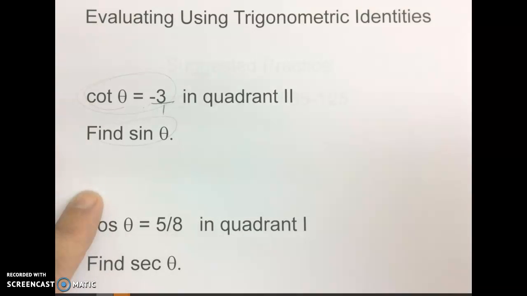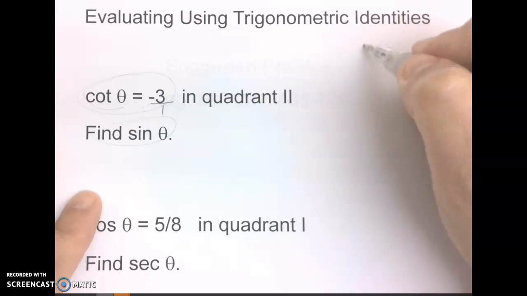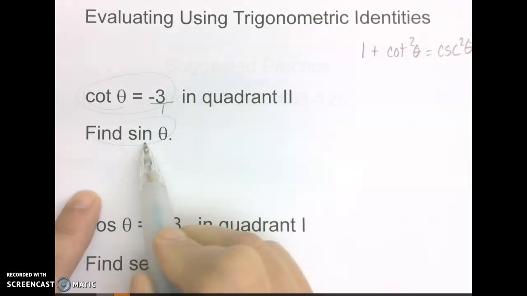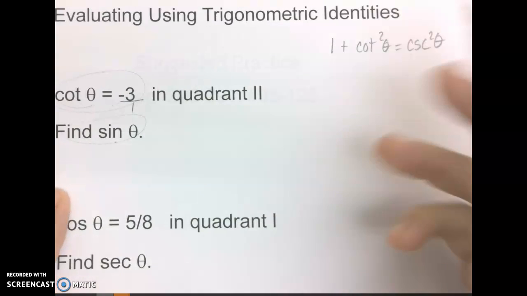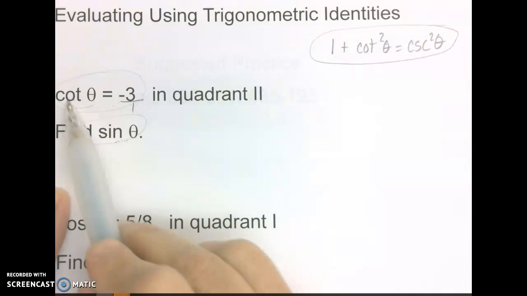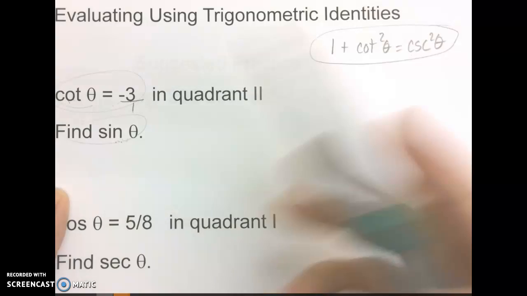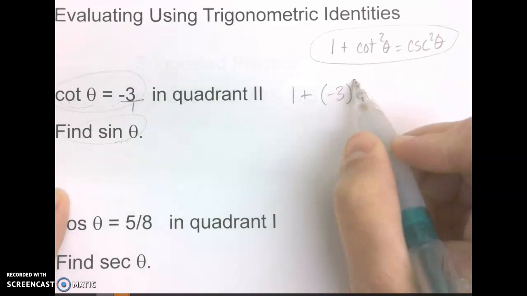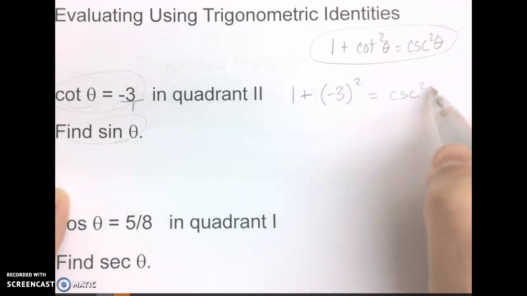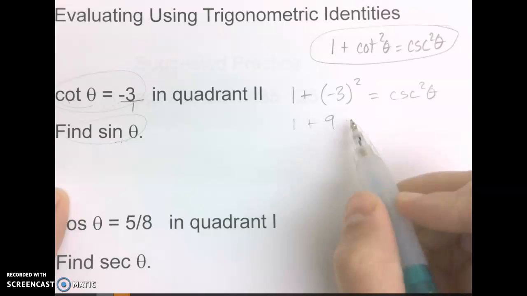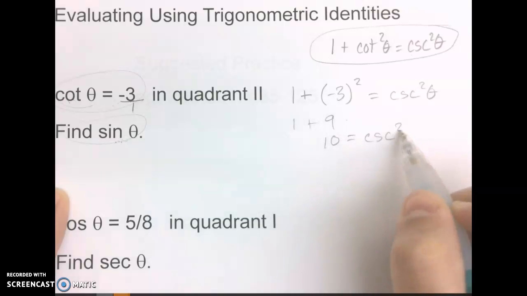Also, I know a trig identity that states that 1 plus cotangent squared theta is equal to cosecant squared theta, and cosecant is the reciprocal of sine. So without graphing anything, I have found an identity that could link these two values together. So I'm going to take 1 plus parentheses negative 3 squared, and that should give me cosecant squared theta. That's going to be 1 plus 9, which is 10, and 10 is equal to cosecant squared theta.